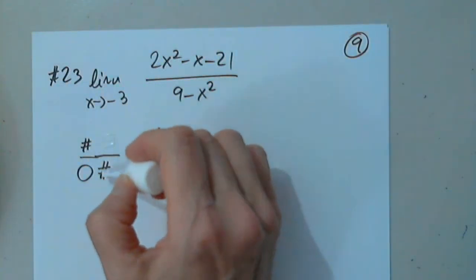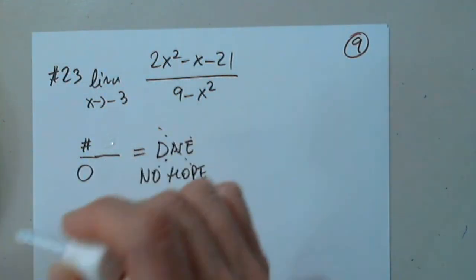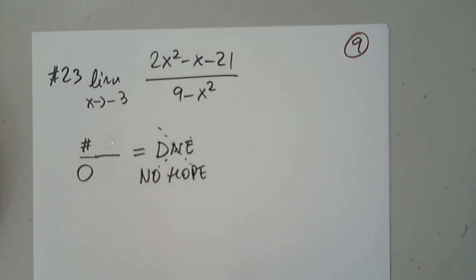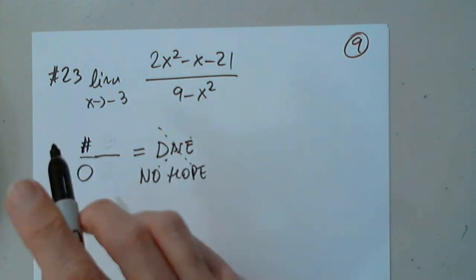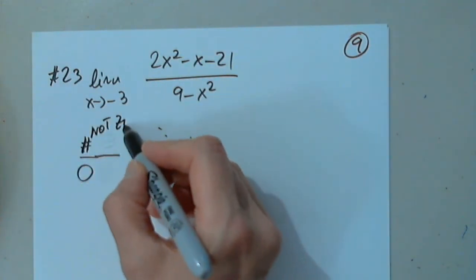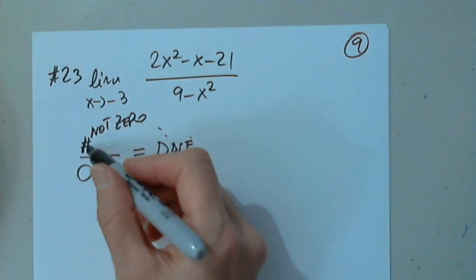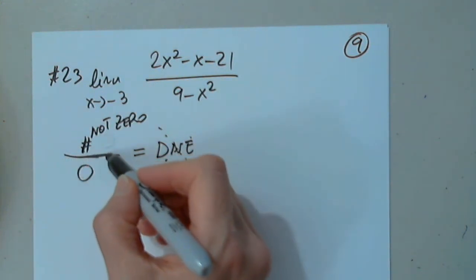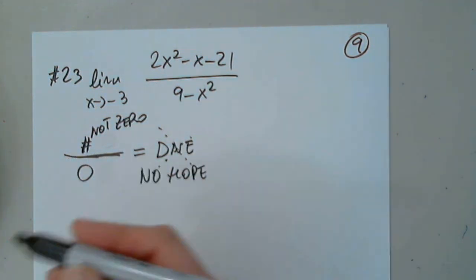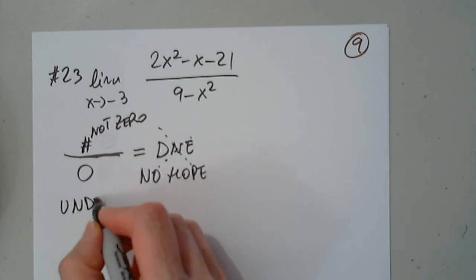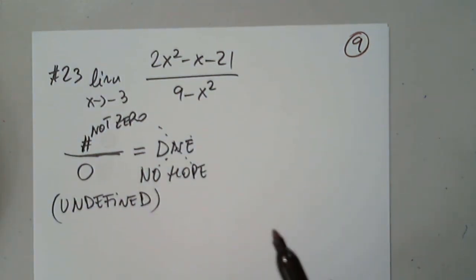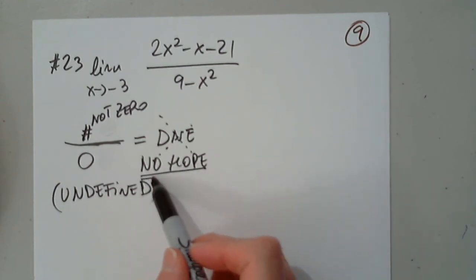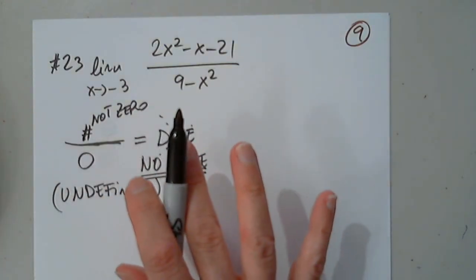I'm rushing because I look at the clock and I don't want to hold you over. Okay, so when there is a number that is not 0, any number you want, divided by 0, you can say this is undefined, I agree, for the function, and the limit has no hope.